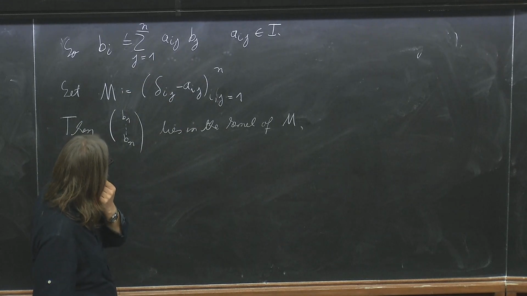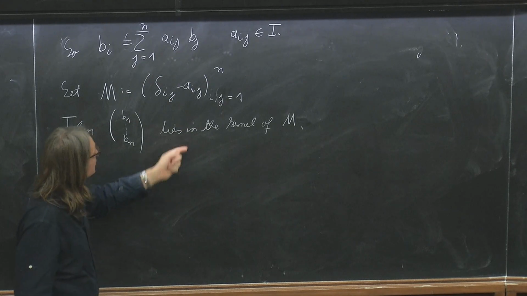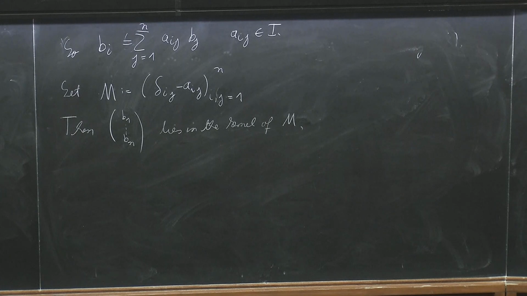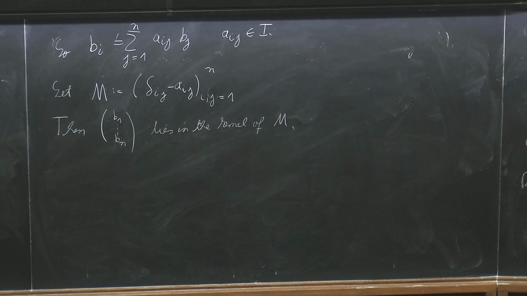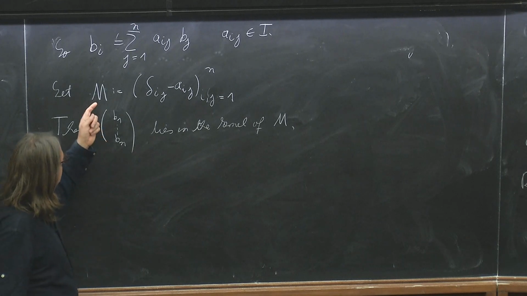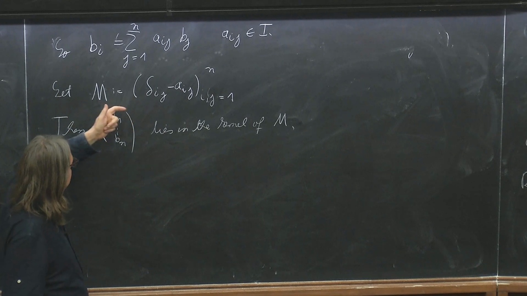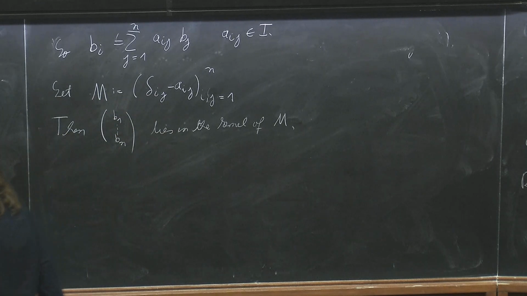And this is supposed to be 0 for all i. And so this is precisely the statement that b1 to bn lies in the kernel of M. So again, we can view this as a matrix with coefficients in the fraction field of B.